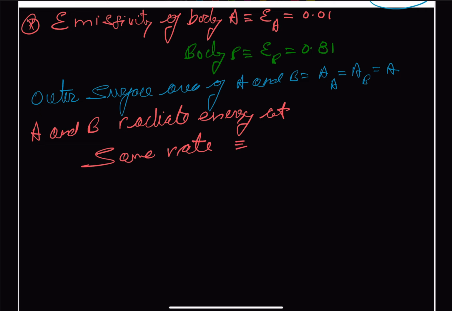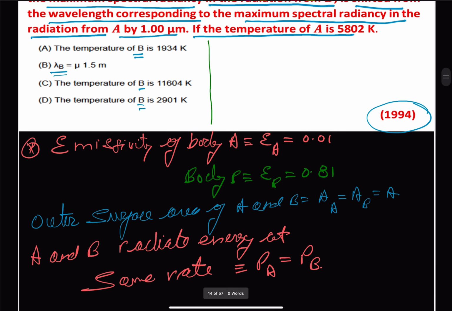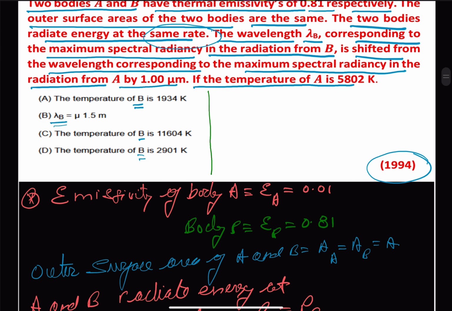So we can say P of A is equal to P of B, and there is a wavelength shift with respect to A, and that wavelength shift is 1 micrometer.